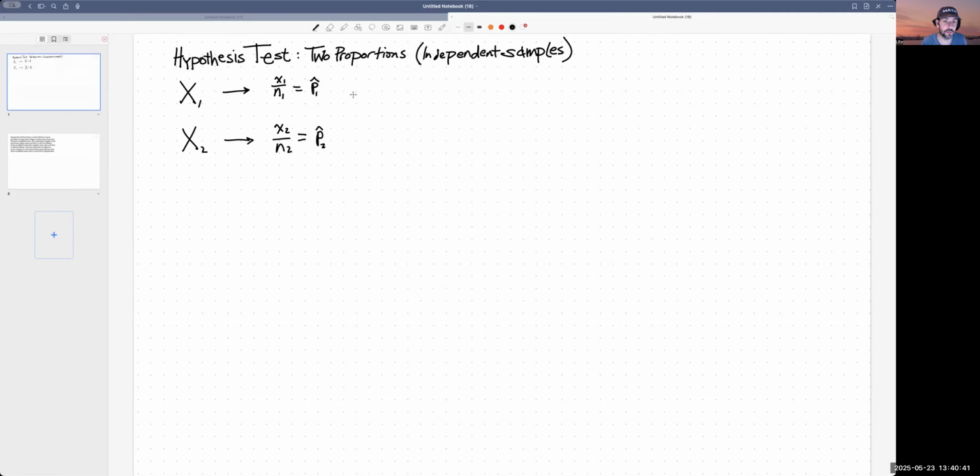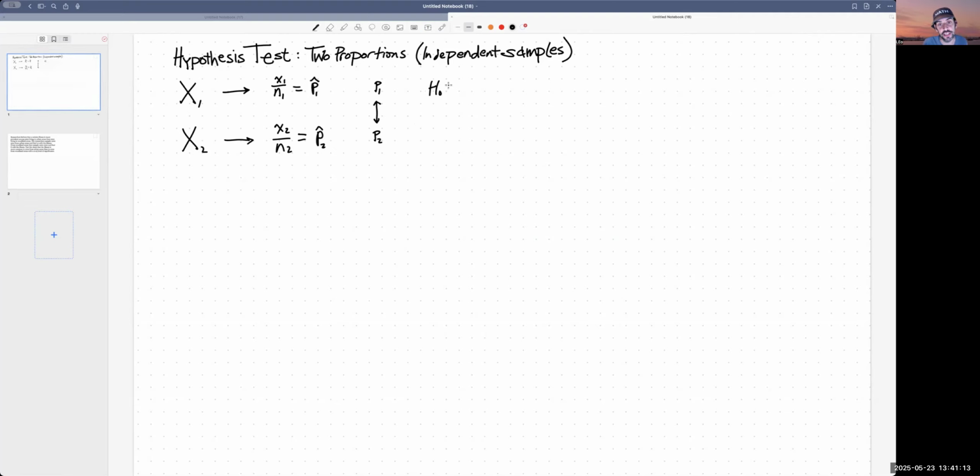Now, these are the sample proportions. There is a true proportion. Whenever you do this kind of thing, you hope that your sample proportion in some way approximates it. So what we're trying to compare is the actual proportions, P1 and P2, but we don't have access to those proportions. So we'll form a null hypothesis and an alternative hypothesis about these proportions.